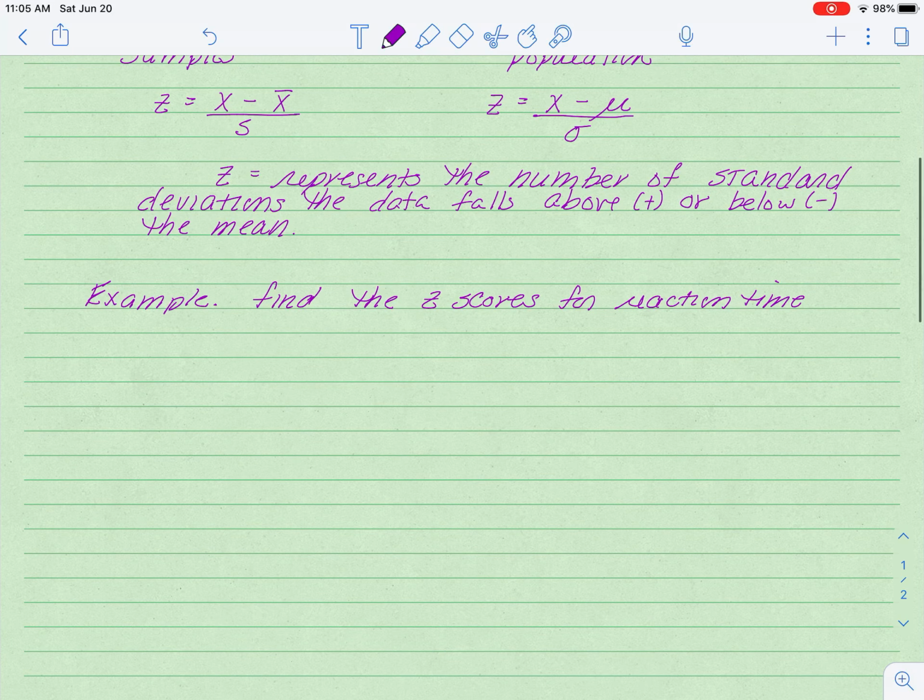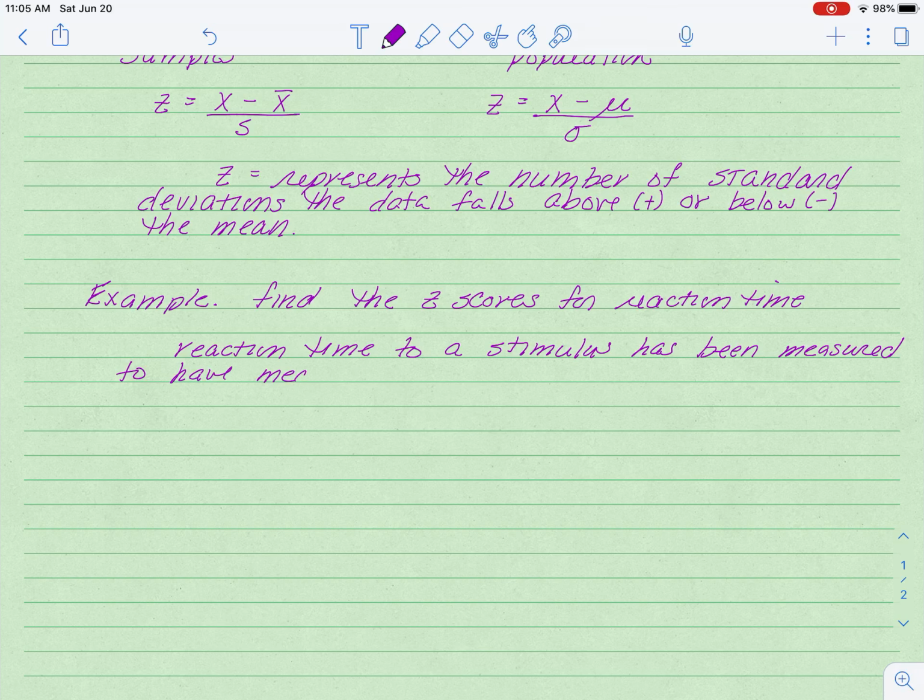The reaction time to a stimulus has been measured to have mean 2.5 seconds and standard deviation of 0.3 seconds. So we want to find the corresponding z-scores.